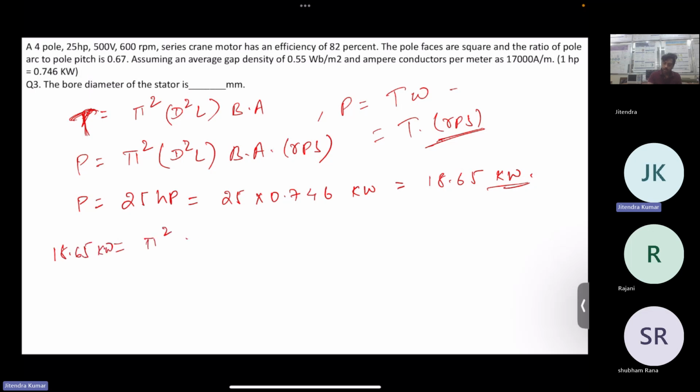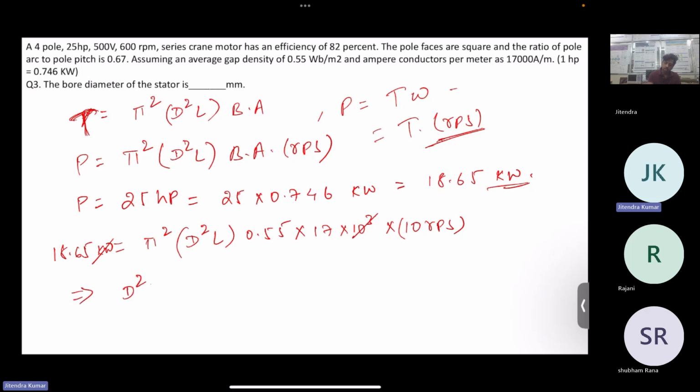Pi square d square L, electric loading 0.55, magnetic loading 17 kilo ampere per meter, into RPS. How much is the RPS? 600 RPM, 600 divided by 60, so 10 RPS. So the kilo terms, the 10 power 3, we can cancel.